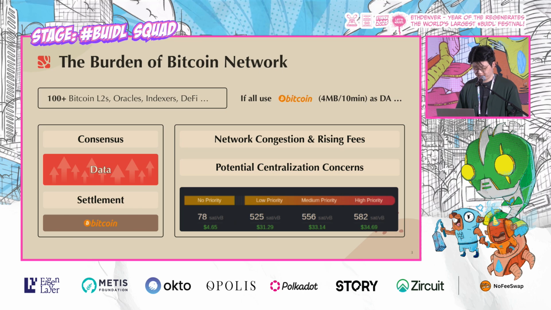Given the previous numbers, it's not very hard to understand why there were hundreds of Bitcoin ecosystem projects early last year, such as Layer 2s, Oracles, and DeFi, and none of them went very far due to this brutal limit of Bitcoin. With, let's say, ordinals and inscriptions, we immediately see the consequence of the limitation via network congestion and rising fees.